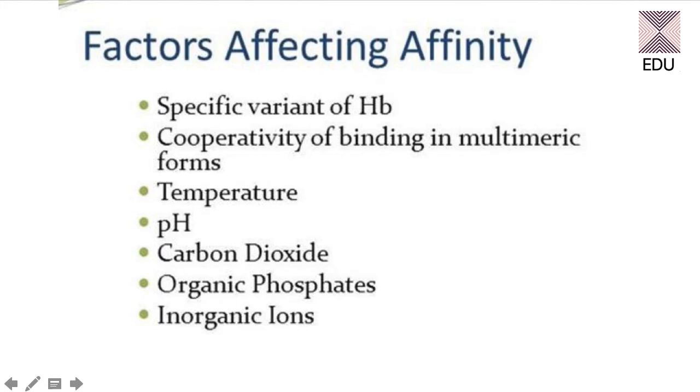There can be a difference in the arrangement, or a difference in the globin protein. So the specific variant of the hemoglobin is very important as far as the affinity is concerned.